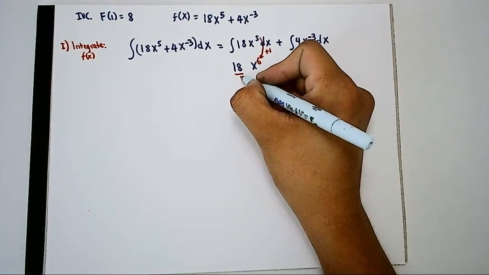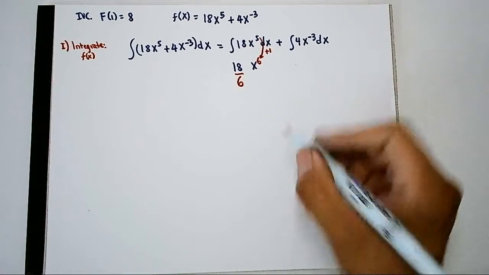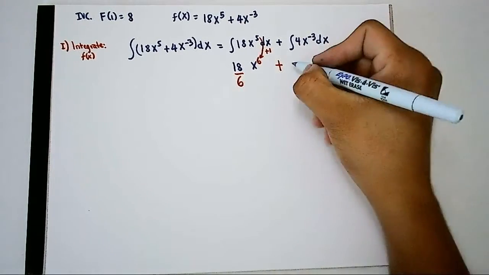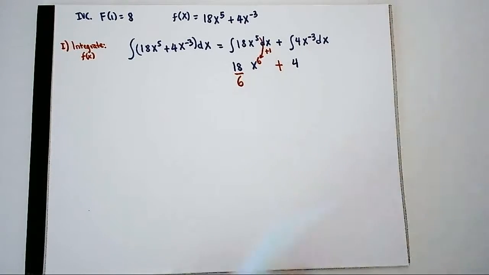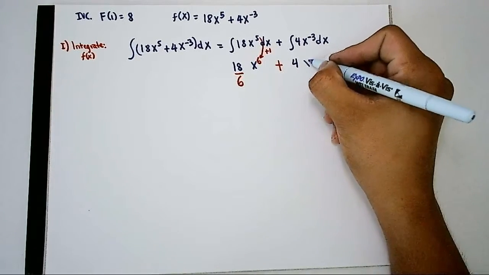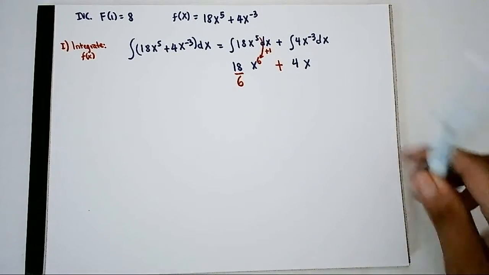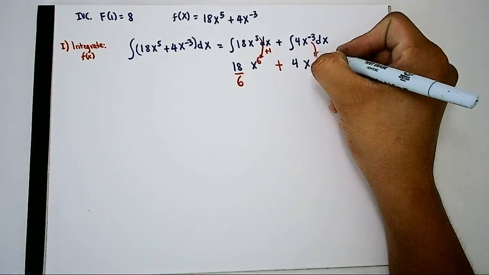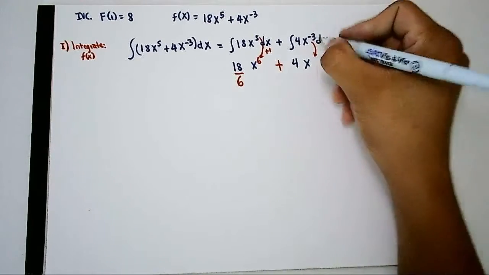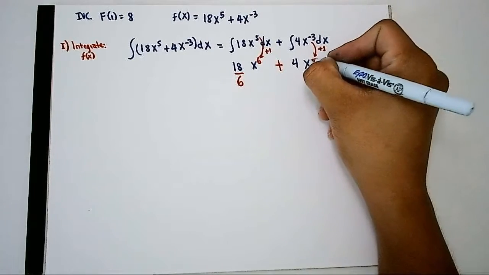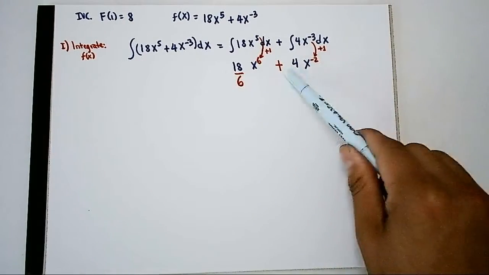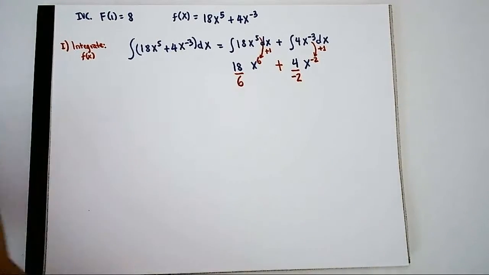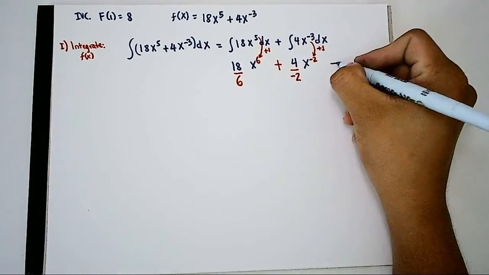Therefore, we will divide 18 by 6, plus, here the constant part is 4 times x. The integral of x to the minus 3 is x to the minus 3 plus 1, so this is going to be minus 2. And therefore 4 will be divided by minus 2, plus c.